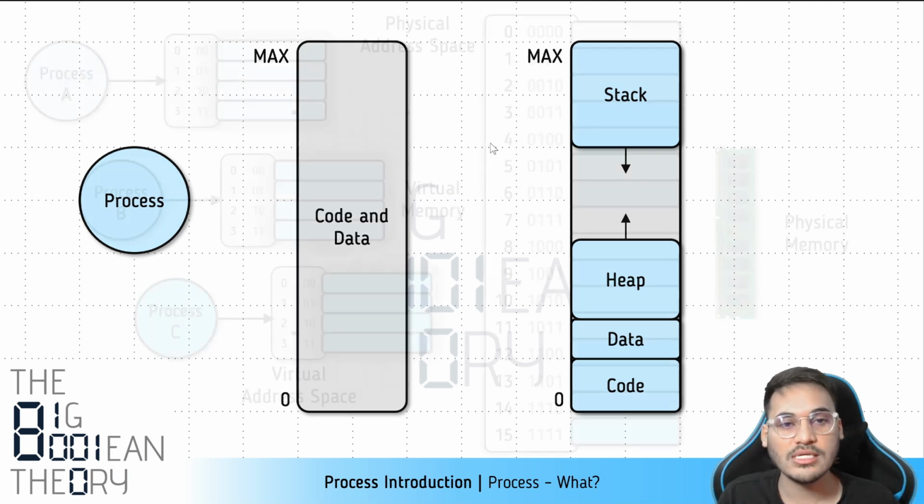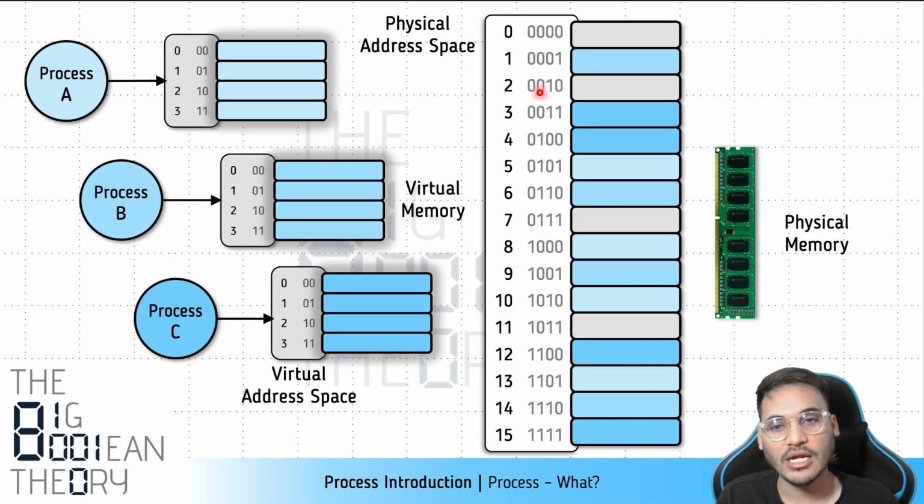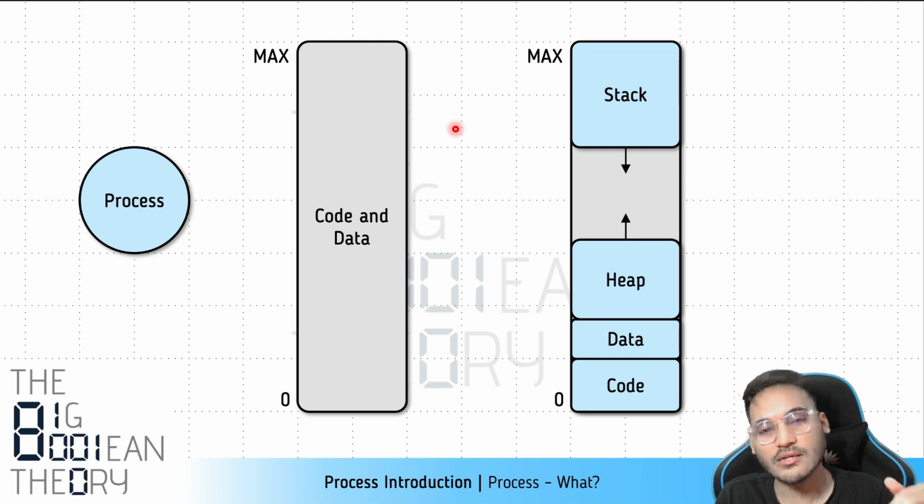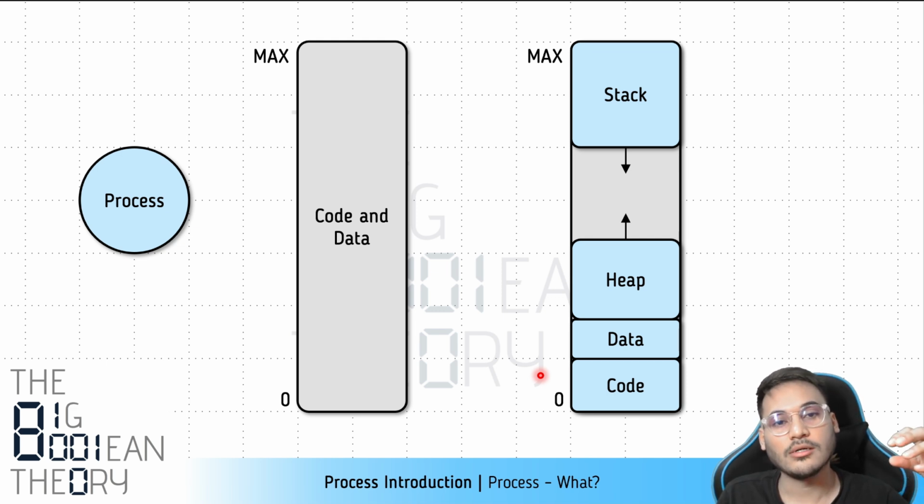The memory contains the code and data for each process, and the address space helps the process organize it. It has different sections. The instructions go to one section, and different types of data go to different sections. Each section has its own purpose, and all of them come together to enable the execution of the program, right?